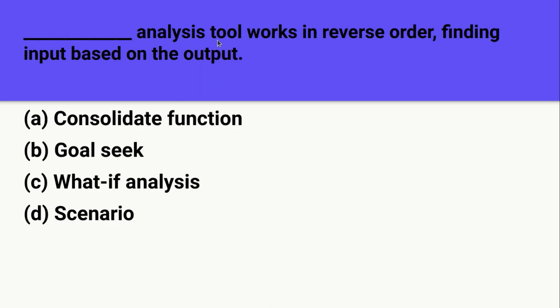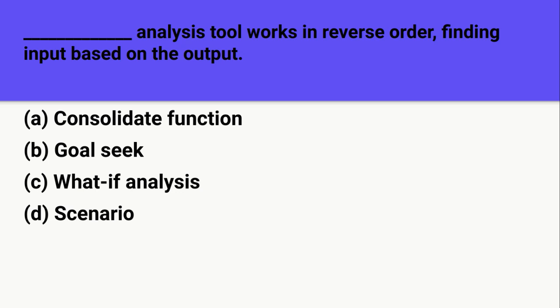Which analysis tool works in reverse order? That means finding input based on the output. This is also an important question. Normally we are getting the output based on the input.